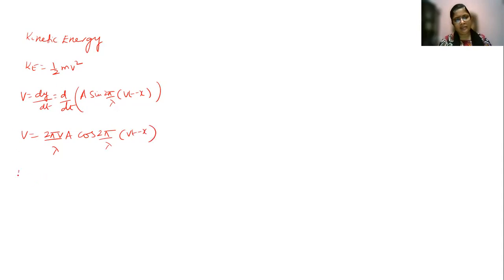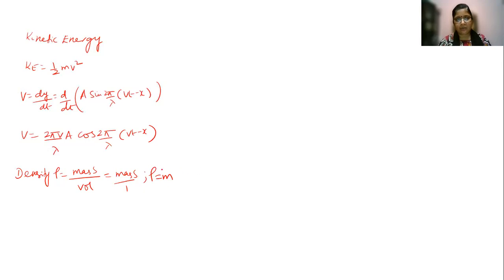Now, you know density rho is equal to mass per unit volume. We all know this. So for unit volume, let me take V as 1. So I shall have mass divided by 1, or I can write rho is equal to m.